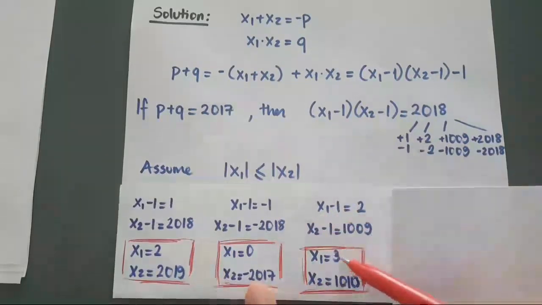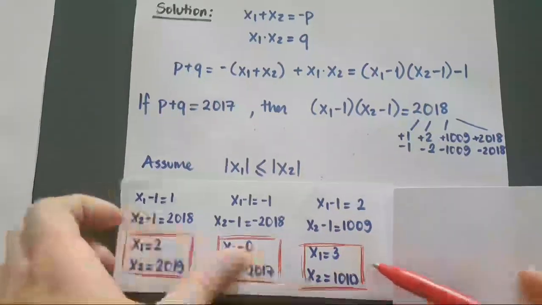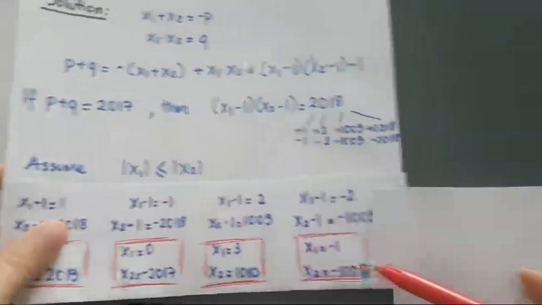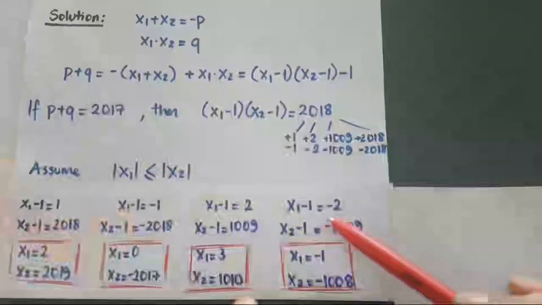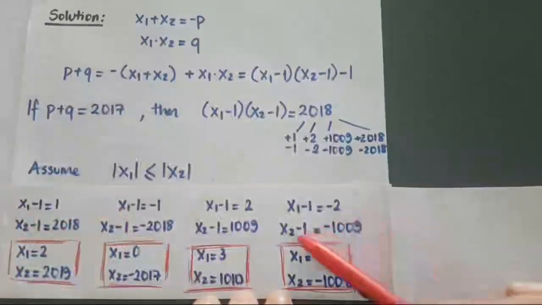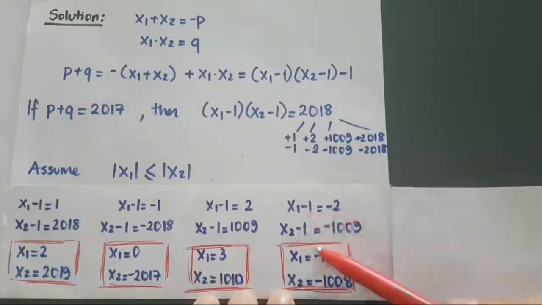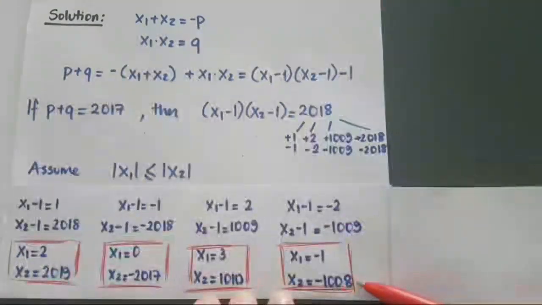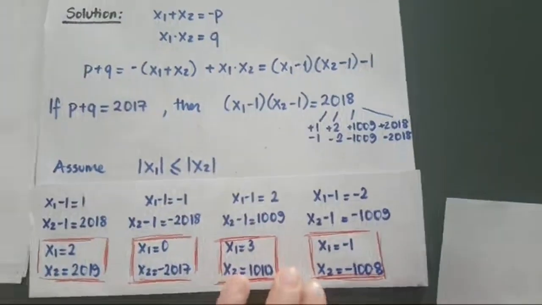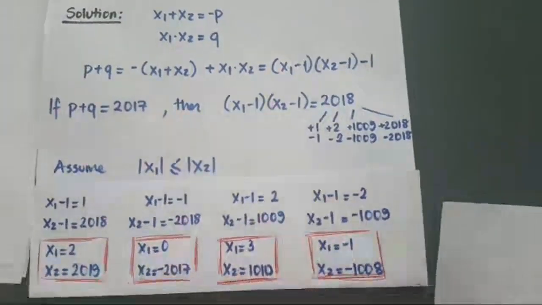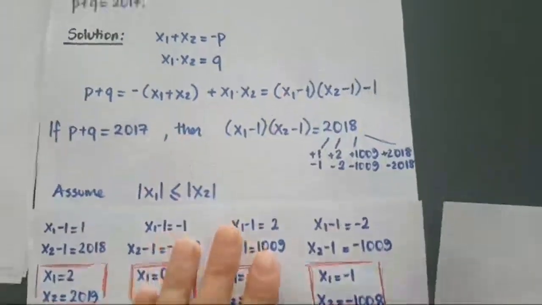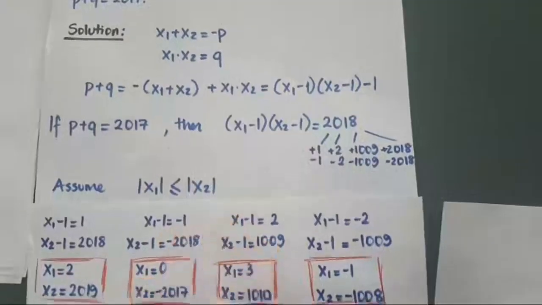So x1 is going to be 3 and x2 is going to be 1010. From the fourth case, x1 minus 1 is negative 2, x2 minus 1 is negative 1009, so x1 is negative 1 and x2 is negative 1008. Yep, I hope the question is clear.